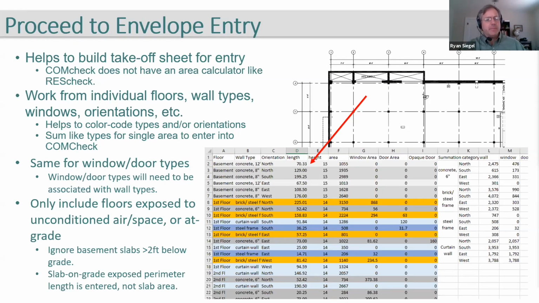So one of the big things as you're going through is making sure that you're aware of what all the program is going to be asking for. And for some of these, you do have to include the direction. And so being aware and perhaps generating these takeoff sheets for your own office, as far as making sure that you put them kind of in the same order in which they're going to appear in the COMcheck.